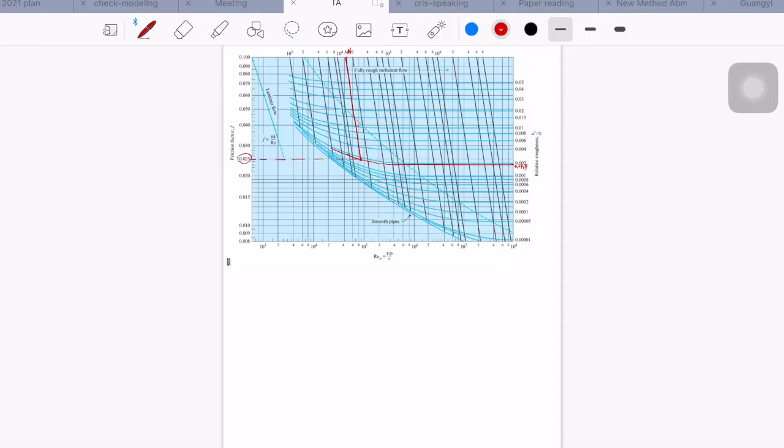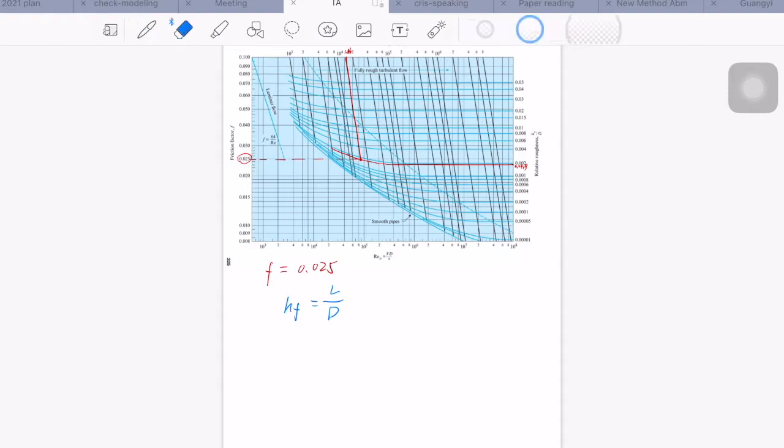So F from the Moody diagram, we found out F is 0.025.